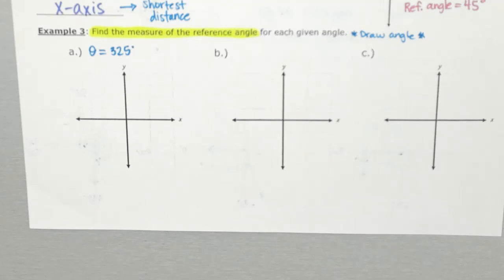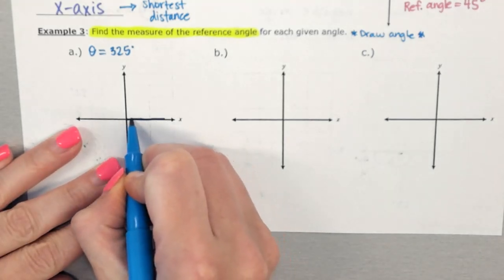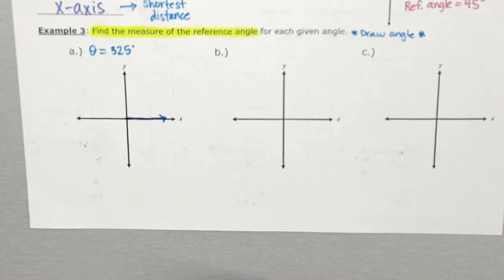Okay, so if it's 325, when I say think about how you're doing that angle, you're thinking about where you are putting that line in relation to 360 or 270. Okay, so we're all starting that here.